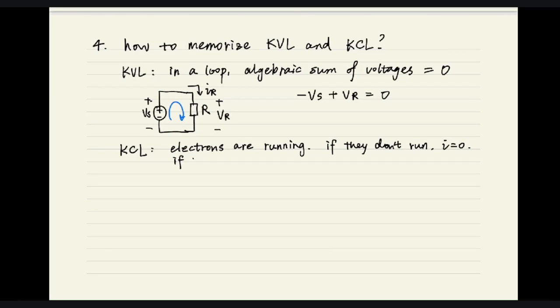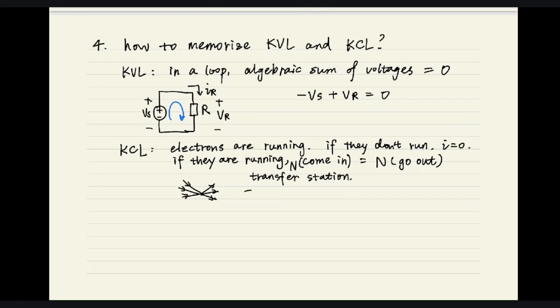And if they are running, the electrons that come into a node also go out of the node. It's like a transfer station. So we say the currents flowing in are equal to the currents going out. Do you feel it is easier to memorize these two laws?